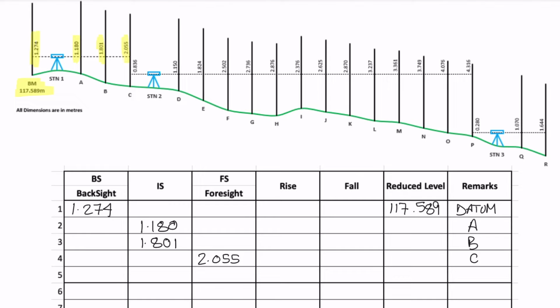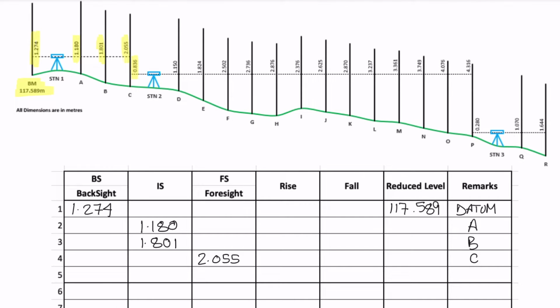A change station now occurs where the level is moved from station 1 to station 2. A double reading is taken at station C after the level has been repositioned. In this case, the second reading, which is 0.836.